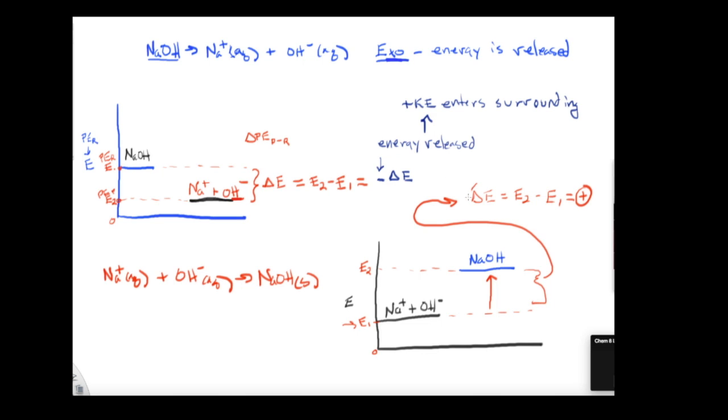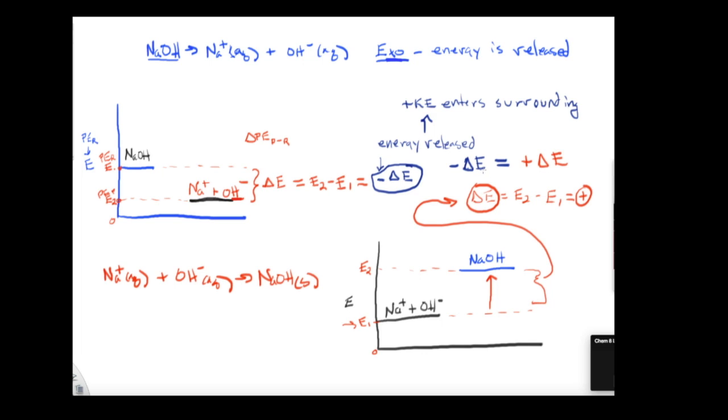And the main thing that you've got to realize about this is that the two delta E's are equal. So the delta E for the forward reaction is equal to positive delta E for the reverse.